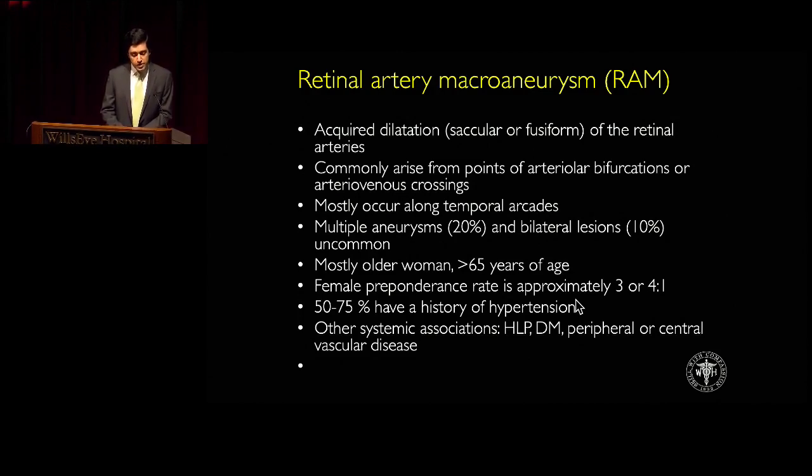Multiple aneurysms or bilateral lesions tend to be relatively rare, and this is a condition that occurs most commonly in elderly patients, especially women with a strong female preponderance, the majority of which have significant cardiovascular risk factors, the most common of which is hypertension.